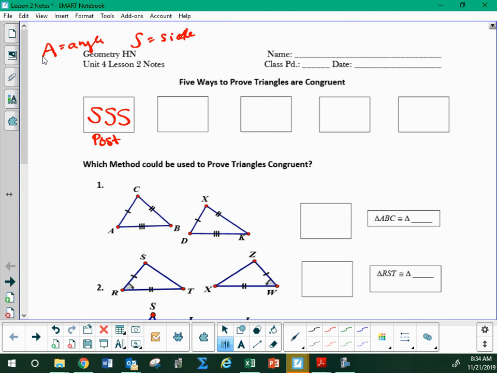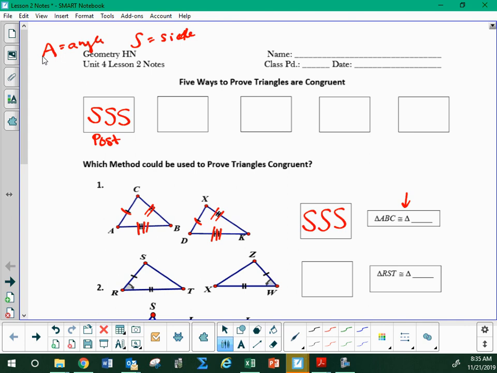If I take a look at number 1 here, I can see we have one set of corresponding sides, two sets of corresponding sides, three sets of corresponding sides. So based upon just those three pieces of information, I can say those triangles are congruent by side, side, side. Now when we write our congruency statement, we have to make sure we get the proper letters matching up.